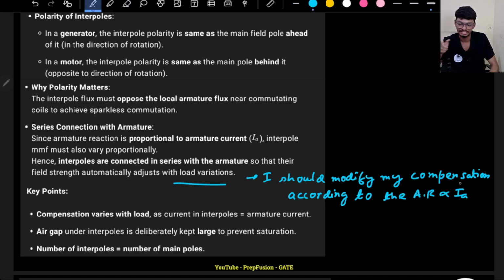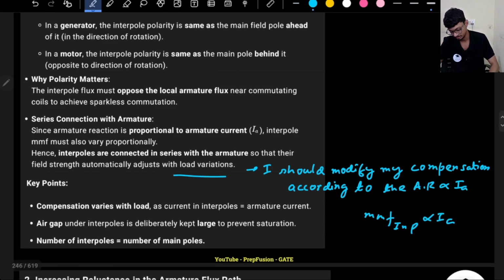That's why the field current is proportional to the armature current. Hence, the mmf of interpole will be proportional to the armature current. That is the advantage. So these are the key points.